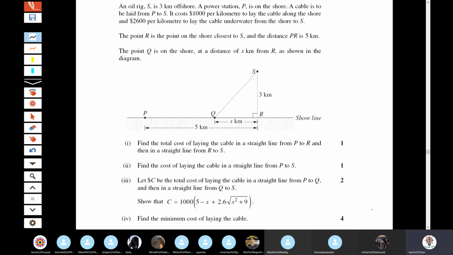Sure. It costs $1,000 per kilometer to lay the cable along the shore and, yep, fair enough, 2,600 under the water. Yep. And the question says, find the total cost of laying the cable from P to R. What would that be?